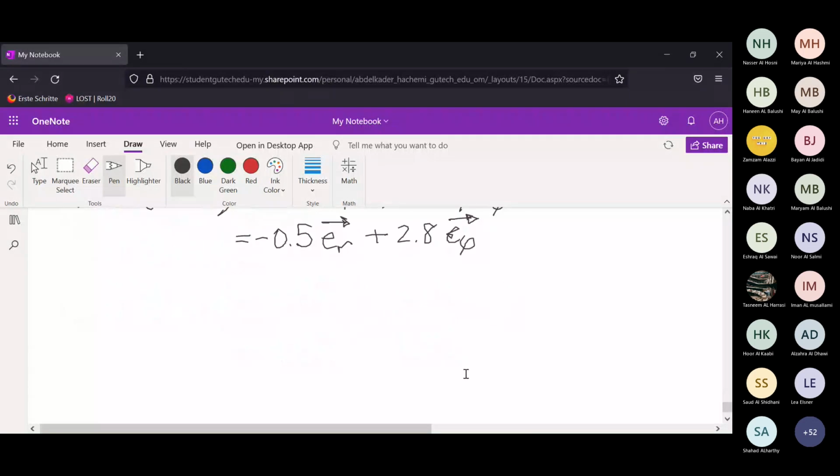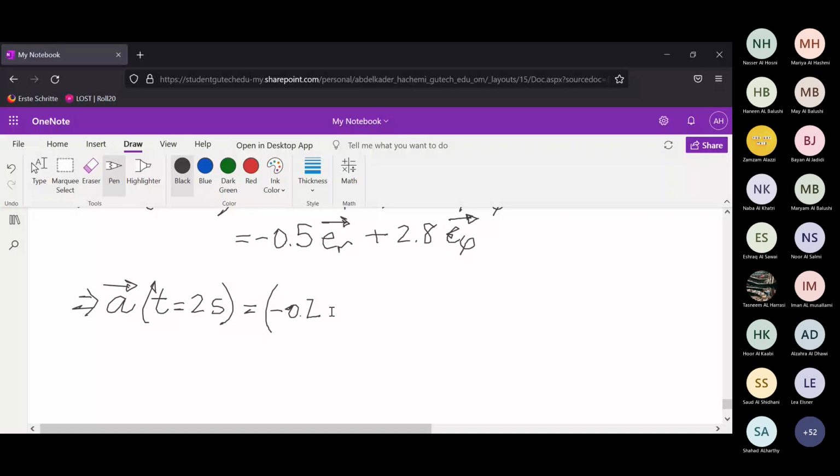And if we get now the acceleration, we have a at time t equals 2 seconds, and we get here minus 0.2.